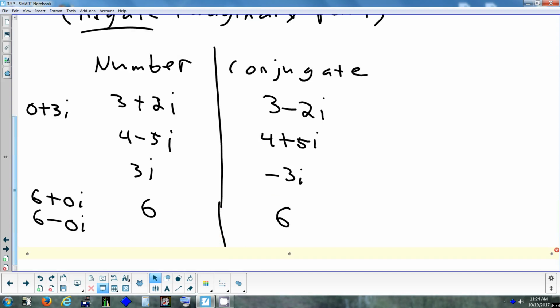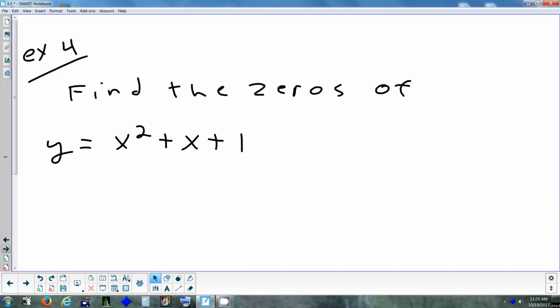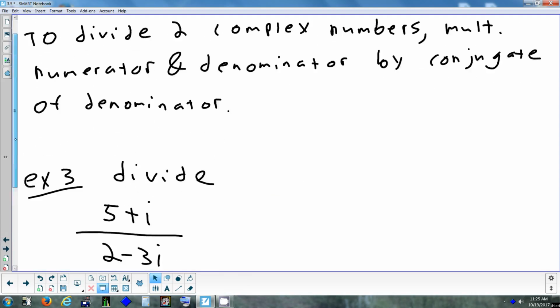So any question on how you find a conjugate? Okay, so last thing, then we'll get into some roots in a second. In order to divide two complex numbers, the first thing you have to do is look at the bottom and find the conjugate. And then you're going to multiply the numerator and denominator by the conjugate of what's in the bottom.